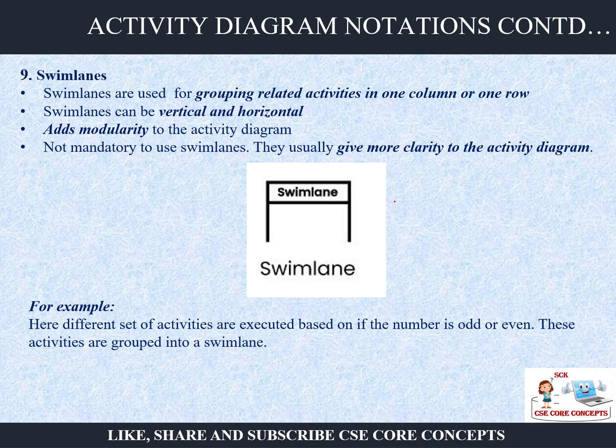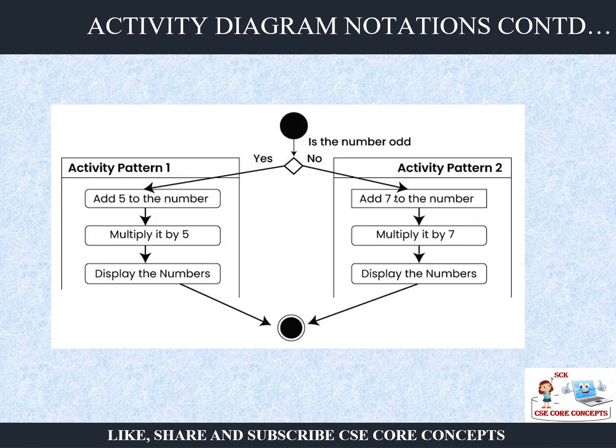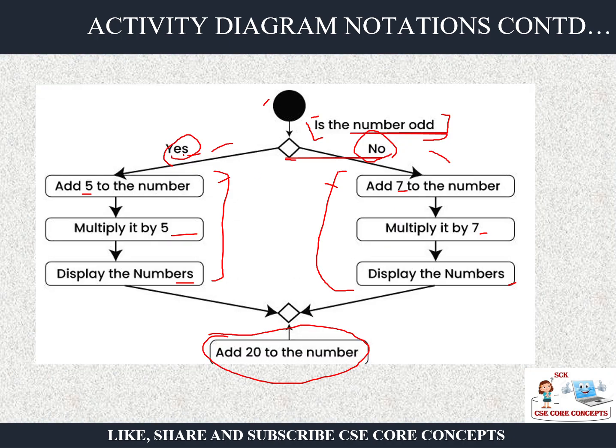Now swim lanes are not mandatory to show in an activity diagram. If you wish to show the breaking of the activities inside one swim lane, you can show. Otherwise, you can not show. You can show each of them as an individual activity. So let us see the same activities here. We had a list of activities, right? See, if the number is odd, we perform so many activities.